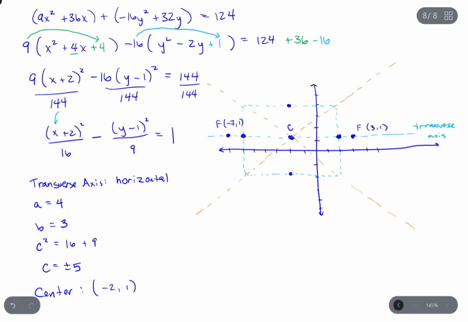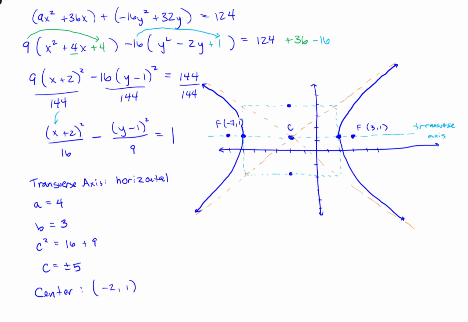All right, and I know that the hyperbola opens in the direction of the focal points. I've already got the focal points plotted, so here's my vertex. And I would just draw this graph going toward those asymptotes, because the purpose of any asymptote is to guide your graph to infinity.